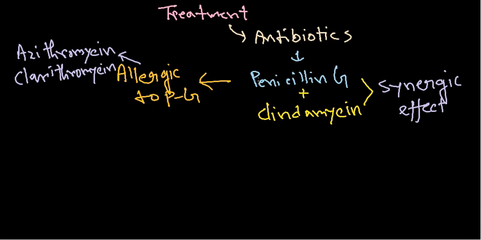Usually we can treat Streptococcus pyogenes infections using this combination of penicillin and clindamycin in most cases. And obviously penicillin G can be used for necrotic streptococcus infections too.